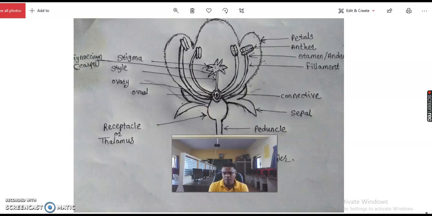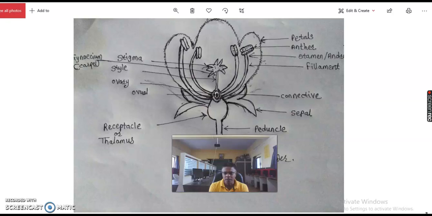The pistil may be simple or compound. When the carpels of the gynoecium are fused with each other, it is known as syncarpous, and when carpels are free from each other, it is known as apocarpous gynoecium.